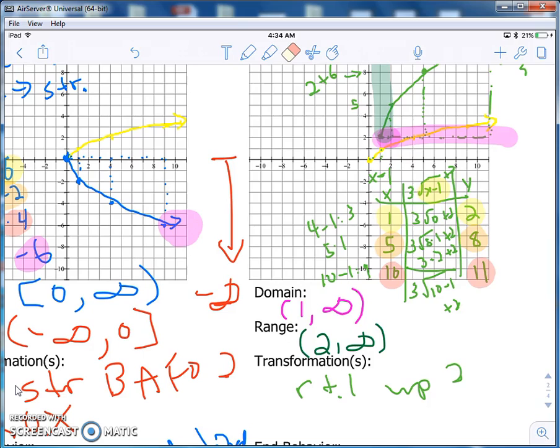Wow, let's try to write legibly. Shift, or right 1, up 2, and a vertical stretch by a factor of 3.